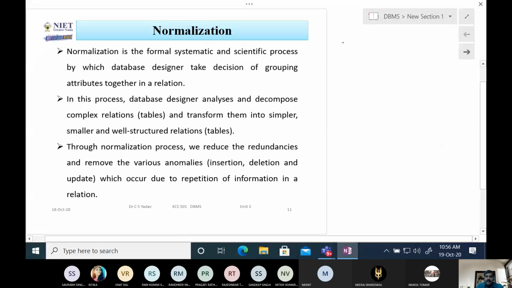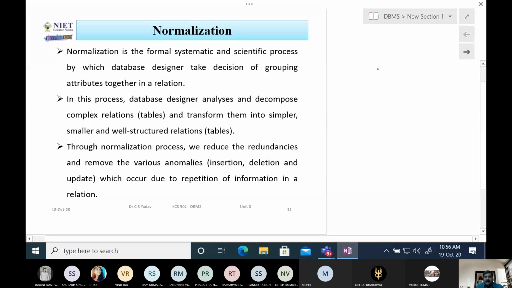So first, what do we mean by normalization? Normalization is a formal, systematic and scientific process by which a database designer can take decision of grouping attributes together in a relation or in a table. Means what type of attributes we have to group together in a table.